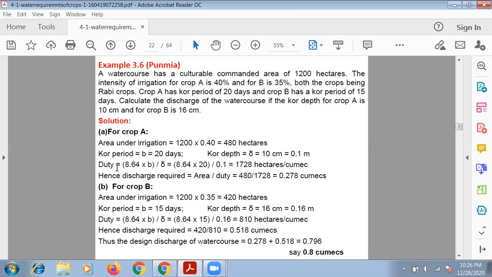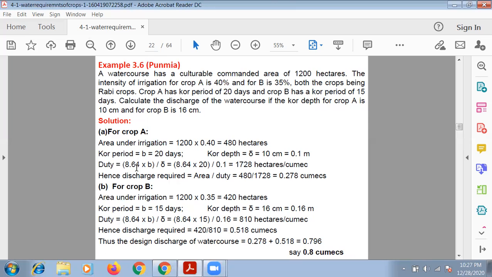So now duty is given by the formula. We have a formula for calculation of duty, delta and base period, that is duty = 8.64 B divided by delta. So small b indicates the core period, and delta indicates core depth.